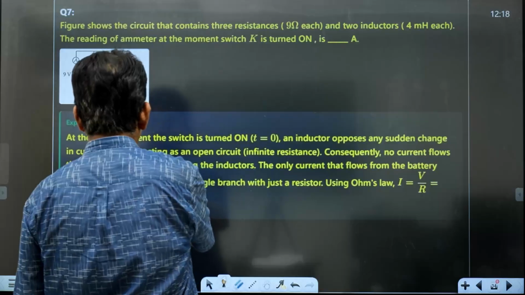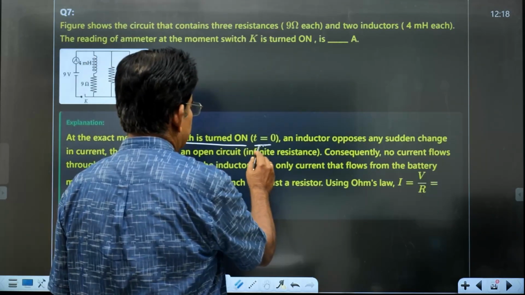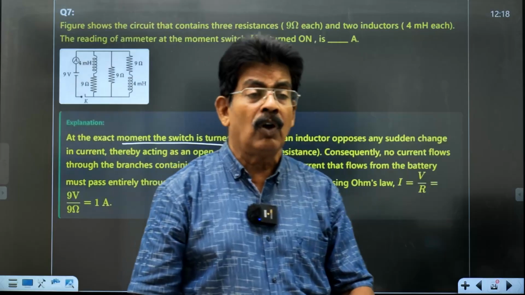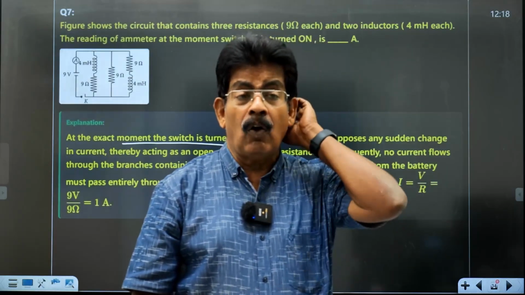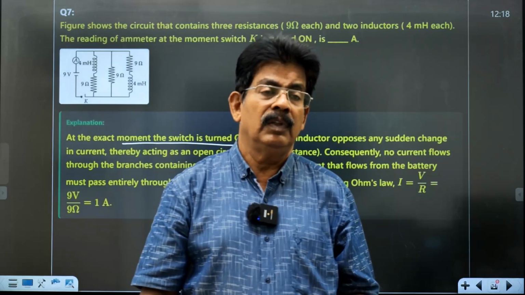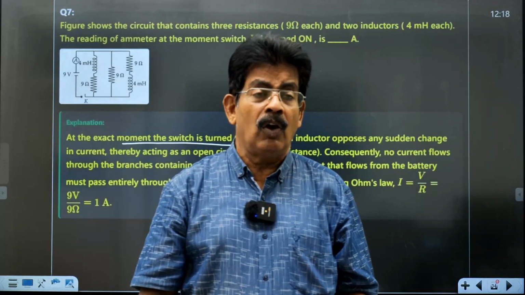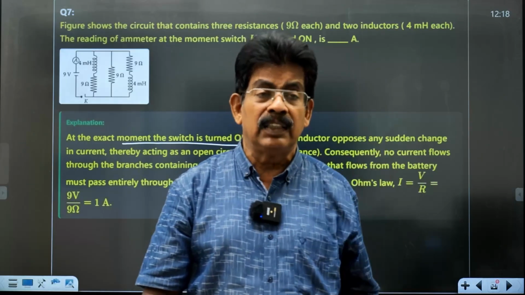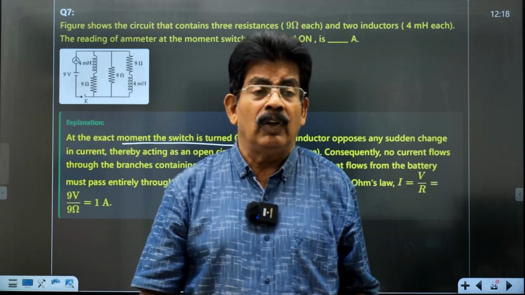Immediately after the circuit is switched on, that is at the instant t, I told you earlier, just after switching on, the inductor offers infinite resistance. Just after switching on, the inductor current is abruptly increasing in a short interval of time.